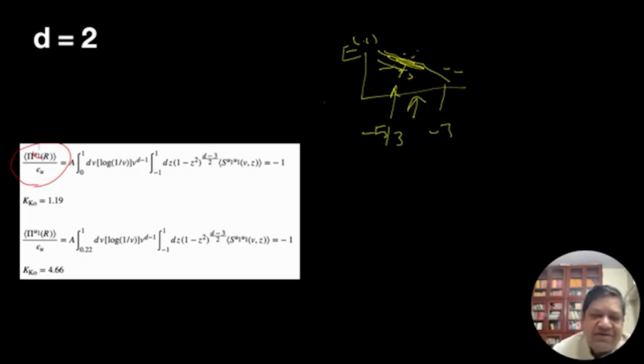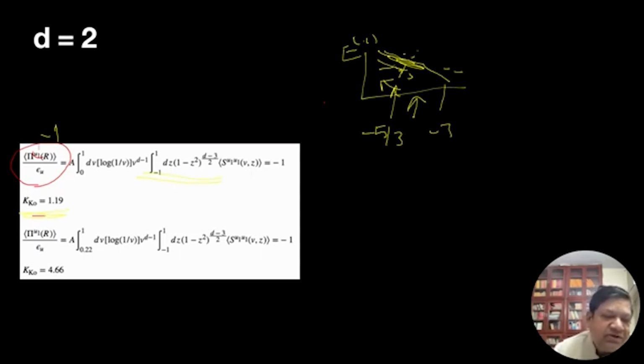It is an inverse cascade of energy. So we want the left hand side to be -1, and it turns out this integral is negative. From that we can compute the Kolmogorov constant. If I do the integral from 0 to 1, I get the Kolmogorov constant to be 1.19.